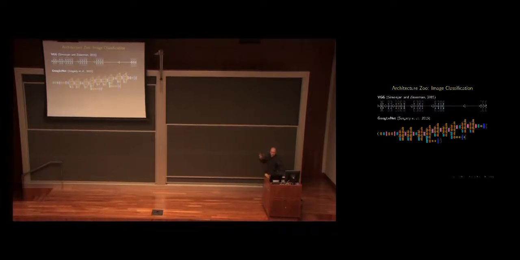There's a network from Google which had multiple sets of filters of different spatial extent at each layer and concatenated those, and also introduced these side paths, which are the dark blue, with intermediate losses to try to assist in training the network.